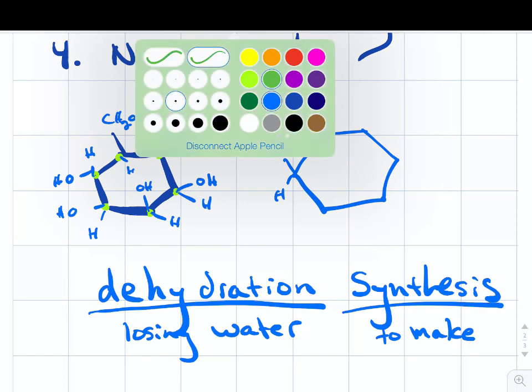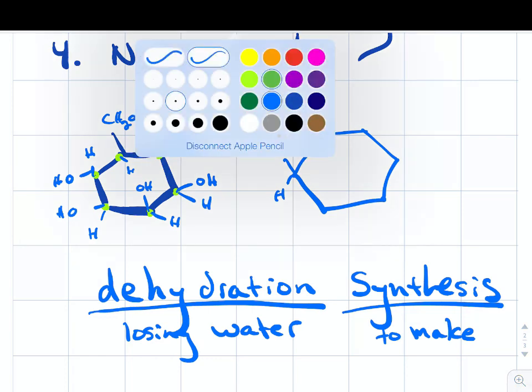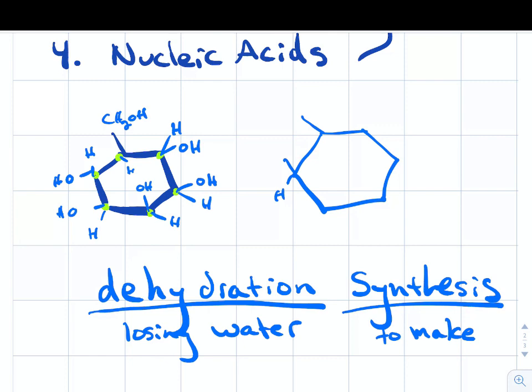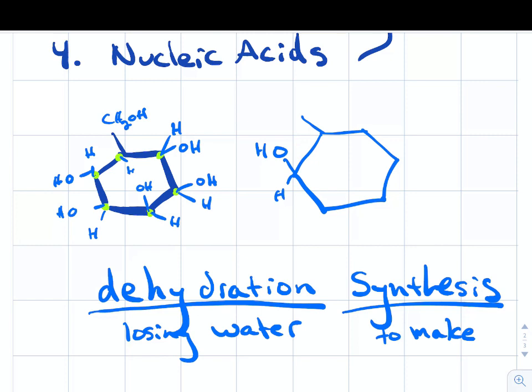So if we look at our carbohydrate monomers, I should have drawn this a little bit differently, specifically because here we're going to have the oxygen connected here and the hydrogen here. But if you look at them from a different perspective, this hydrogen here and this hydroxyl group here together form H2O.